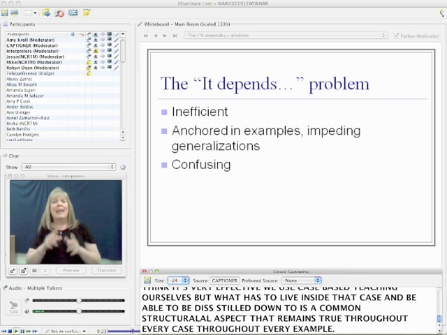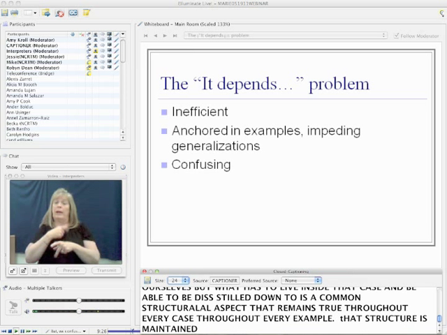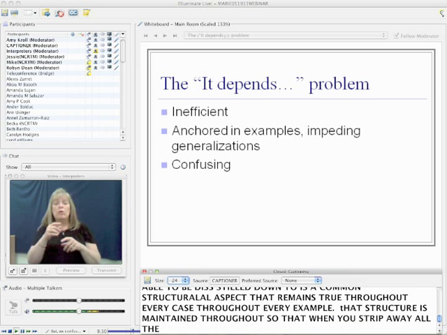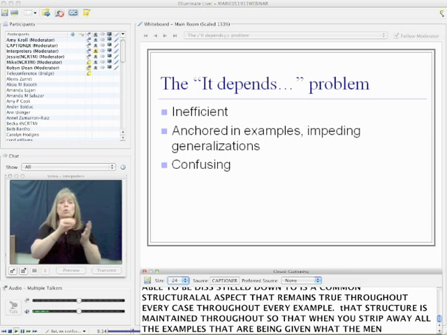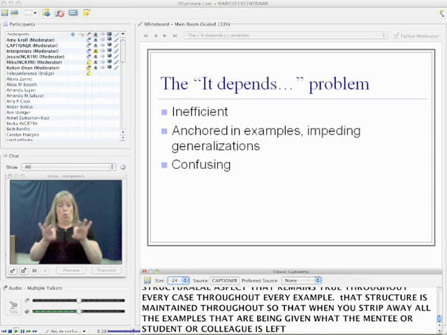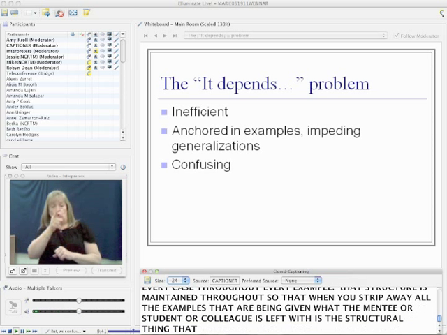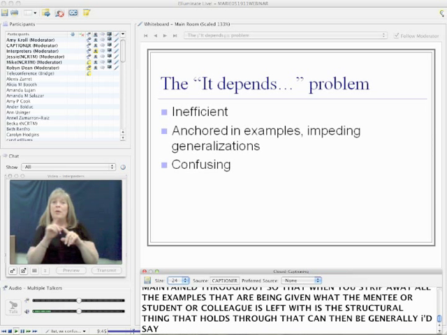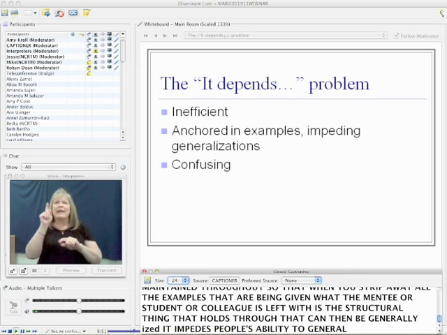That structure is maintained throughout, so that when you strip away all the examples, what the mentee or student or colleague is left with is this structural thing that holds true that can then be generalized. The problem with "it depends" is that it's anchored so much into examples that it impedes people's ability to generalize it outside of that given example if that structure doesn't exist, or at least isn't identified.